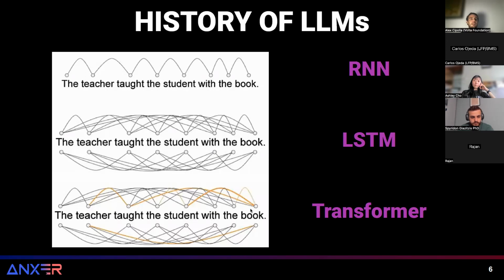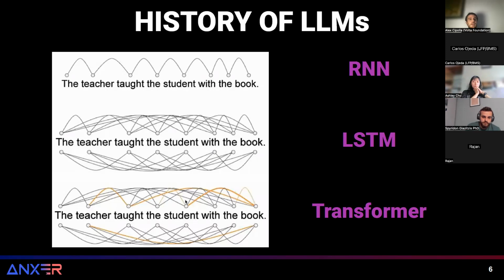But the real game-changing breakthrough happened with transformers, in which the words are not only connected to each other. I'm talking about words, but this could be a number of time series as well. There is also this mechanism called attention, which is like a weight on how the words are connecting to each other.